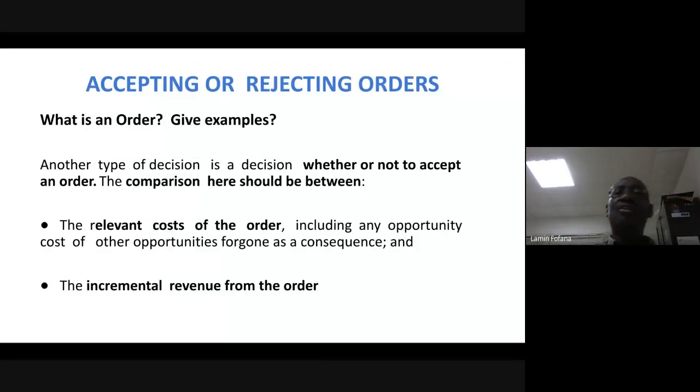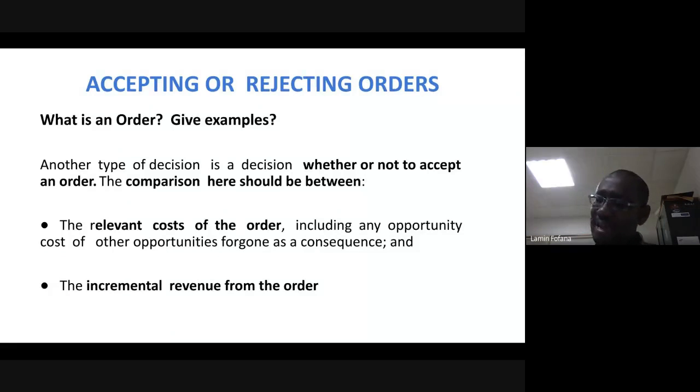Committed costs, these are costs that have been earmarked for particular things. For example, if you sign a project with a company, let's say a civil works contract. Civil works meaning, for example, you want to construct a road, or you want to fence a garden, so those are some of the civil works projects.